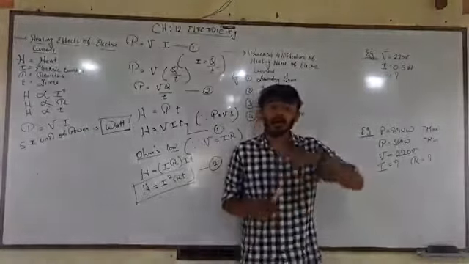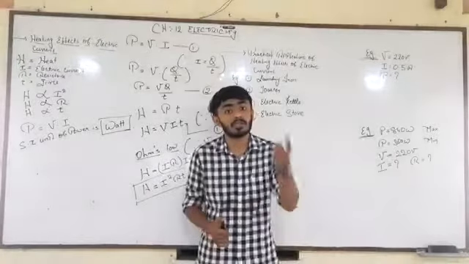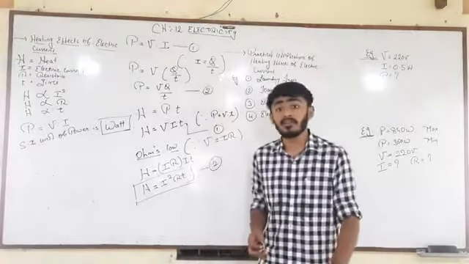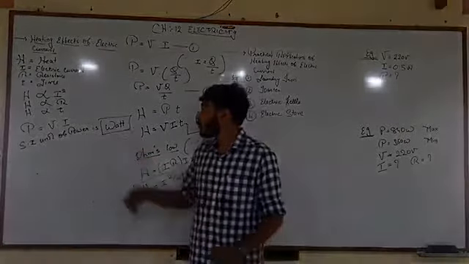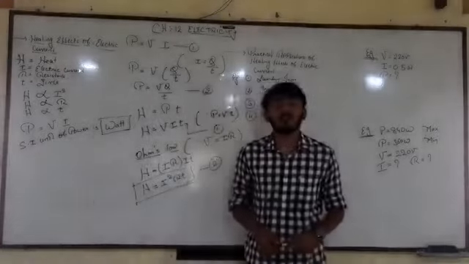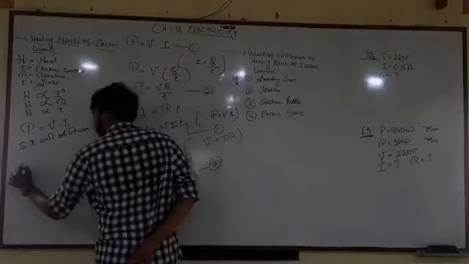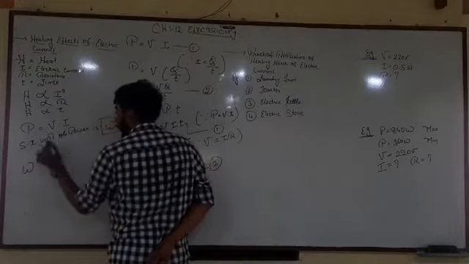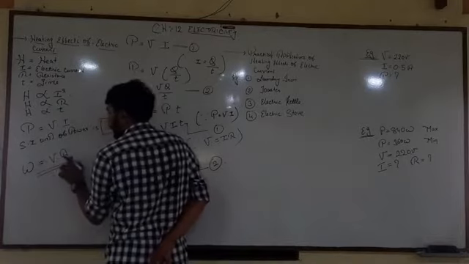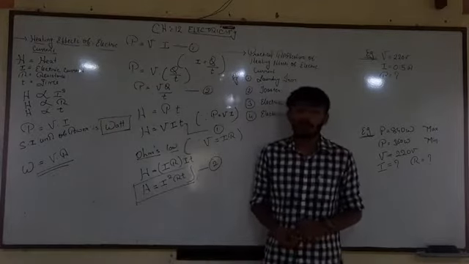You have heard in day-to-day life how many watts of electricity you are using. That means how much power you are using. So the SI unit of power in terms of electrical quantities is known as watt. Watt is VA, where V is the voltage and A is the ampere.